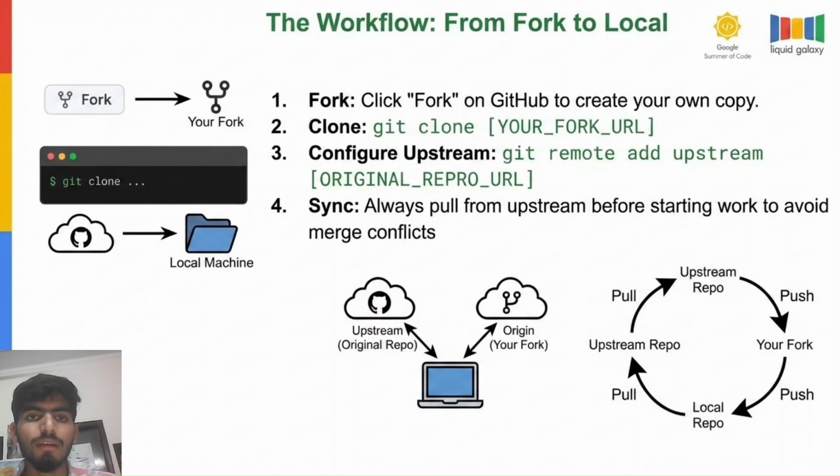Cloning is basically taking that code to your code editor, whatever code editor you are using, VS Code or Google Anti-Gravity. So you will be taking it from your remote to the local machine. The command for a clone is git.